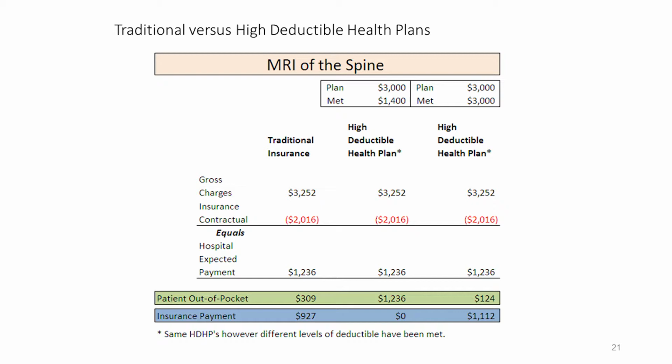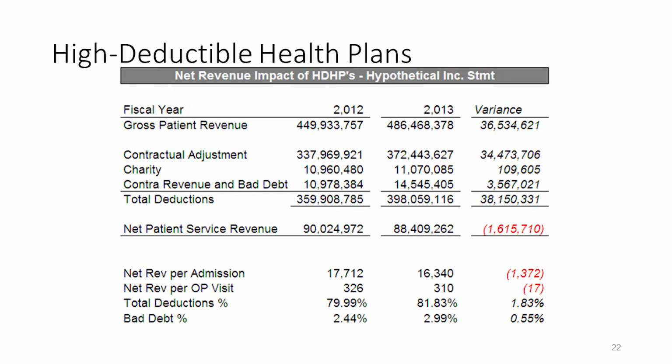And from a hospital standpoint, what this means is, if you go back to this example, that patient that had a high deductible health plan, hadn't met it, paid $1,236. They may not be able to afford to pay all of that for this MRI. So if we look to 2012 to 2013, if you have gross patient revenue of $449, the contractual adjustments, and then as you can see, the charity increases and the contra revenue and bad debt significantly increased, while the net patient service revenue decreased.